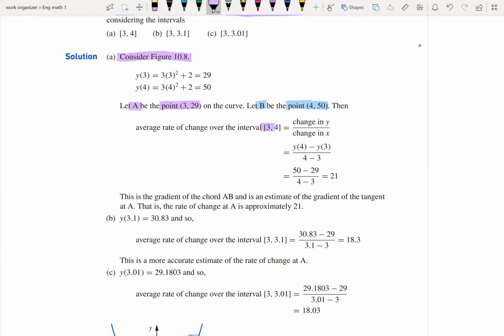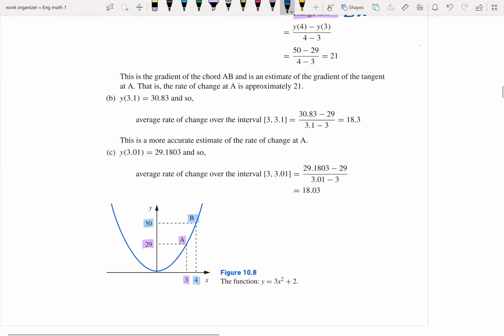It's interval 3, 4, so we look at the change in y and the change in x. We note change with the symbol delta, so this is the change delta x, and this is the change delta y.